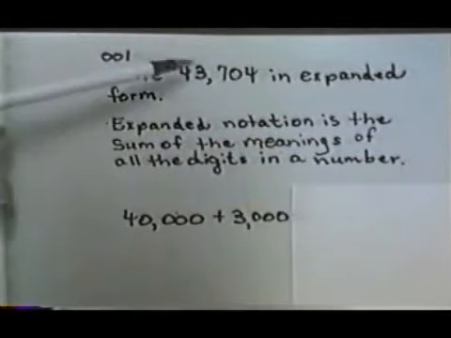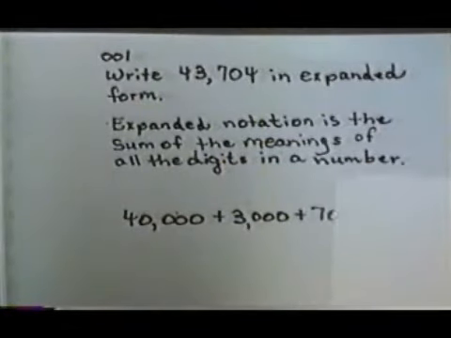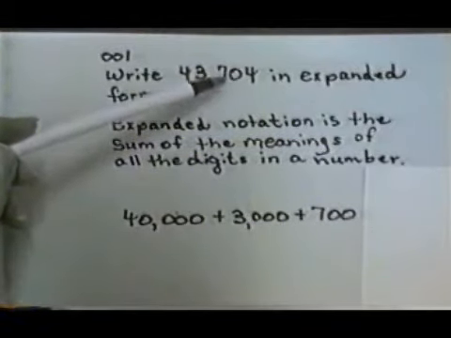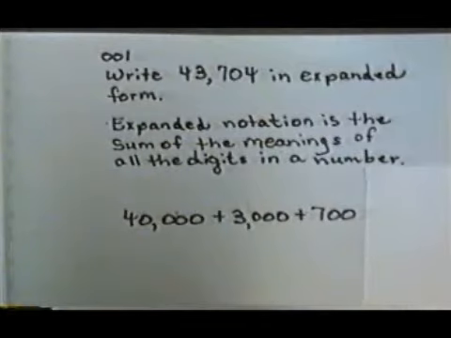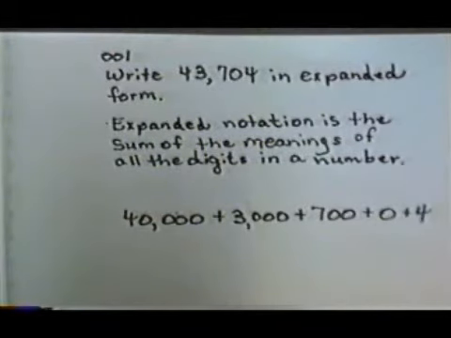Then if we go on over to the 7, there's 700s. 700s just gives us 700, so we put our 700 down. Then we have 0 tens, so we could just leave it out or put plus 0. And then we have 4 ones, which means we have 4.